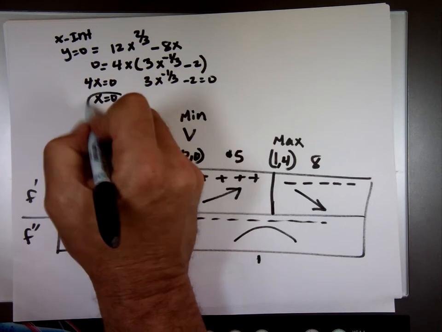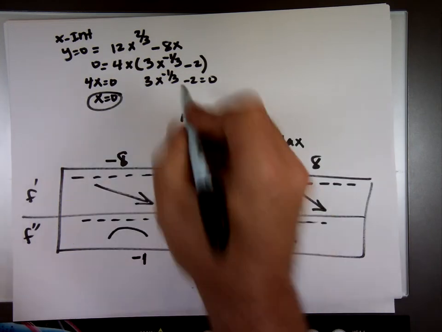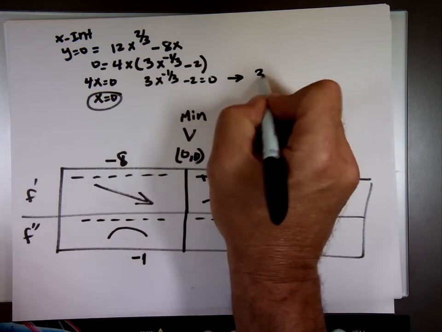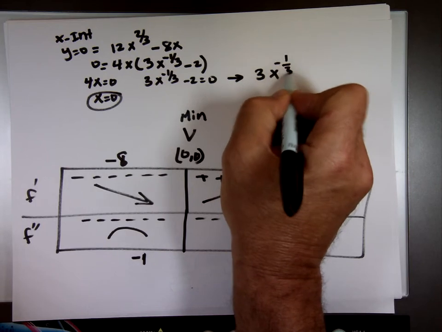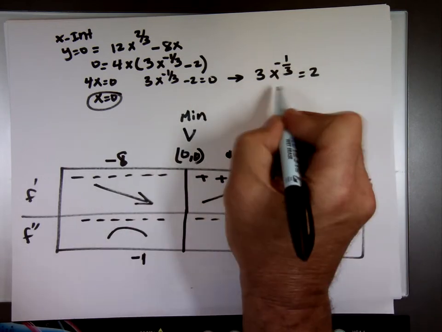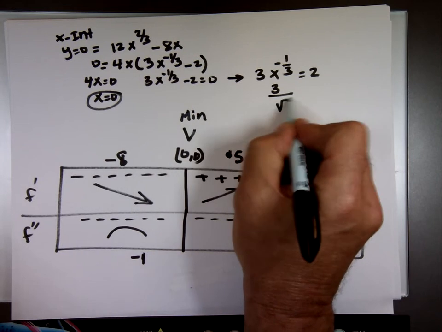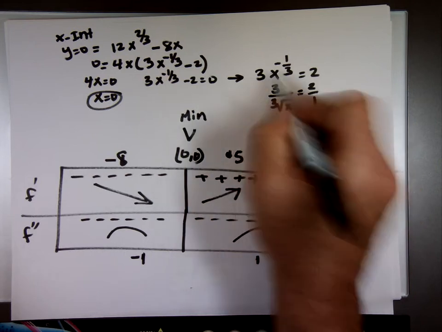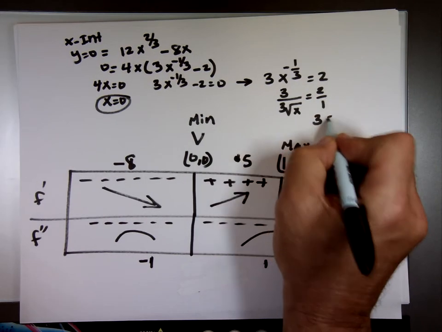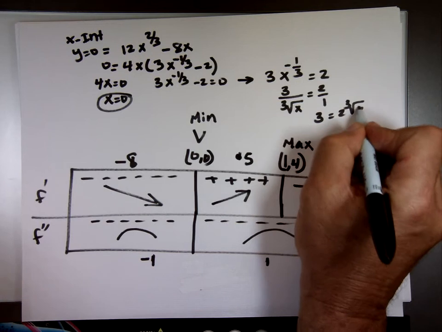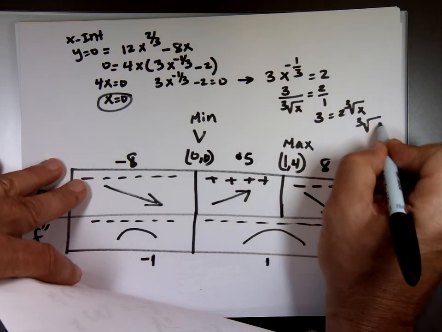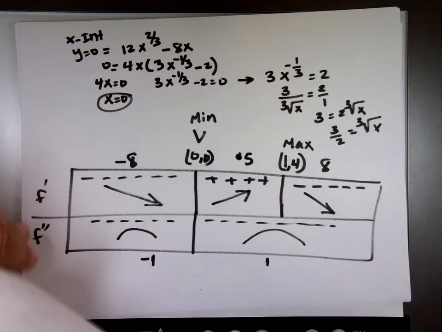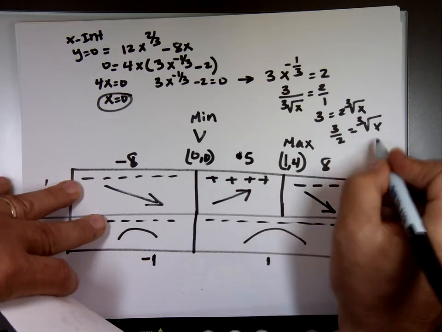That one, let's see. Solve it. 3x to the negative 1/3 is equal to 2. That means 3 over the cube root of x is equal to 2 over 1. Cross multiply. The cube root of x equals what? 3 over 2. Now I have no space. To solve for x, you raise the whole thing to what power?